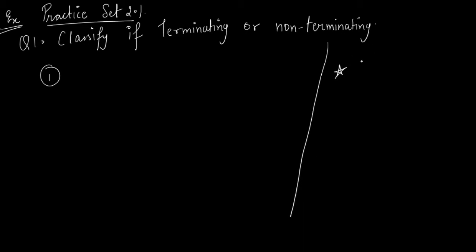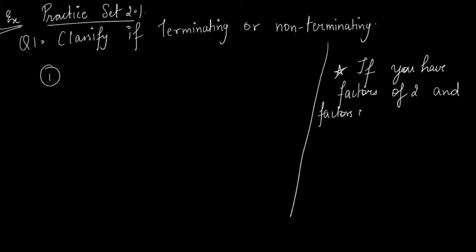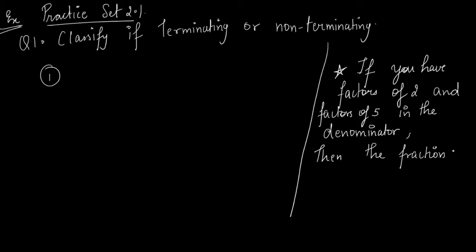The first point being that if you have factors of 2 and factors of 5 in the denominator, then the fraction is of terminating type.